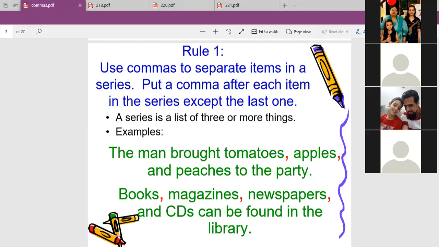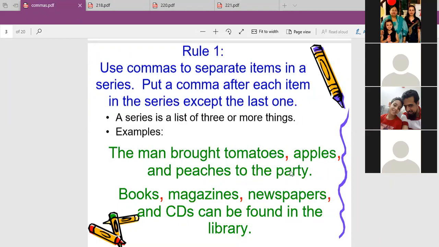Excellent, thank you. So rule number 1, the first rule and the most commonly used rule of using a comma: when I am talking about more than one thing in a sentence, I am talking about different items. Items means different things. After each item, I am going to use a comma. So the first example we have here: the man brought tomatoes, apples, and peaches to the party.